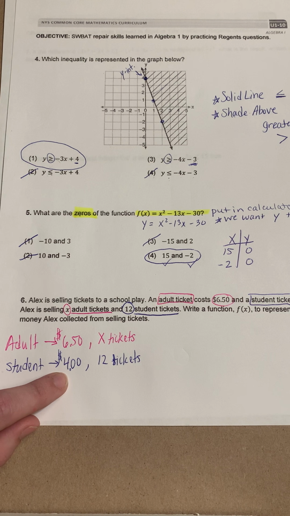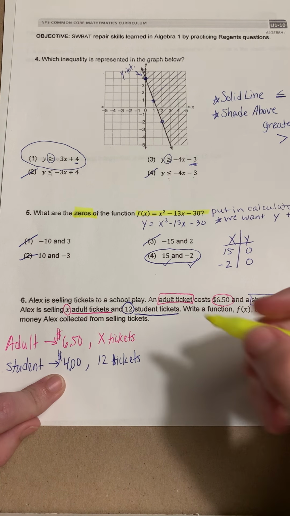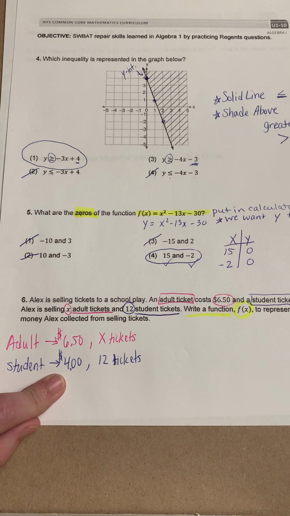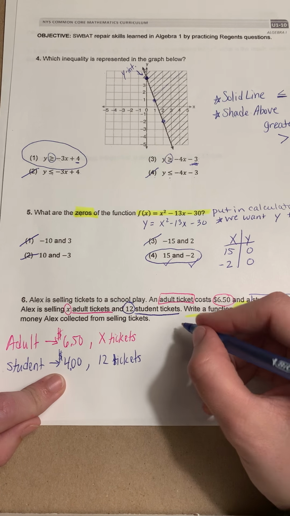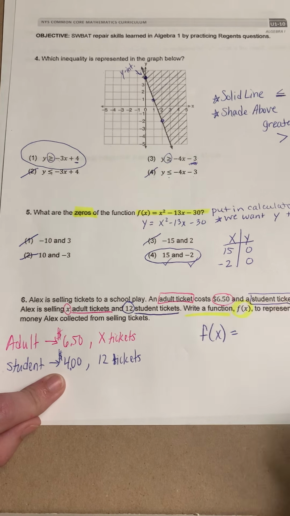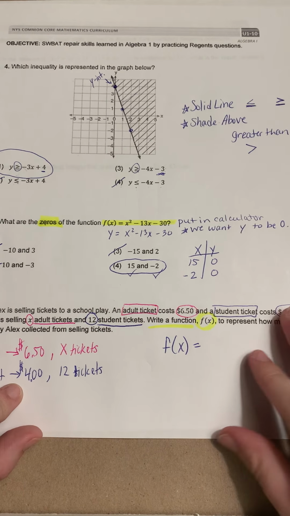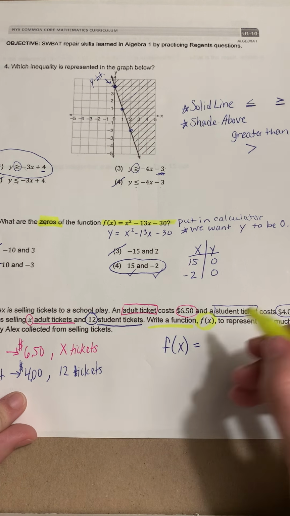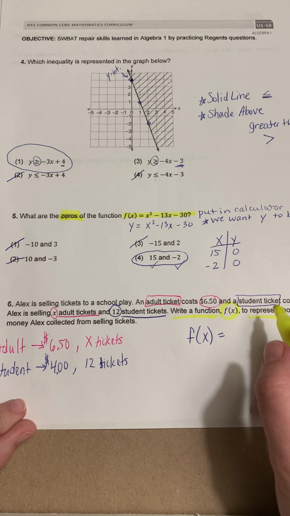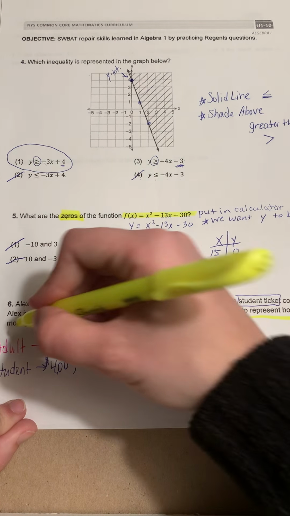Let's see what the question asks now. It says, write a function f of x. Because they tell you to write a function f of x, you must use f of x. So I'm going to start and write f of x equals before anything else. They want us to write a function f of x to represent how much money Alex collected from selling tickets.